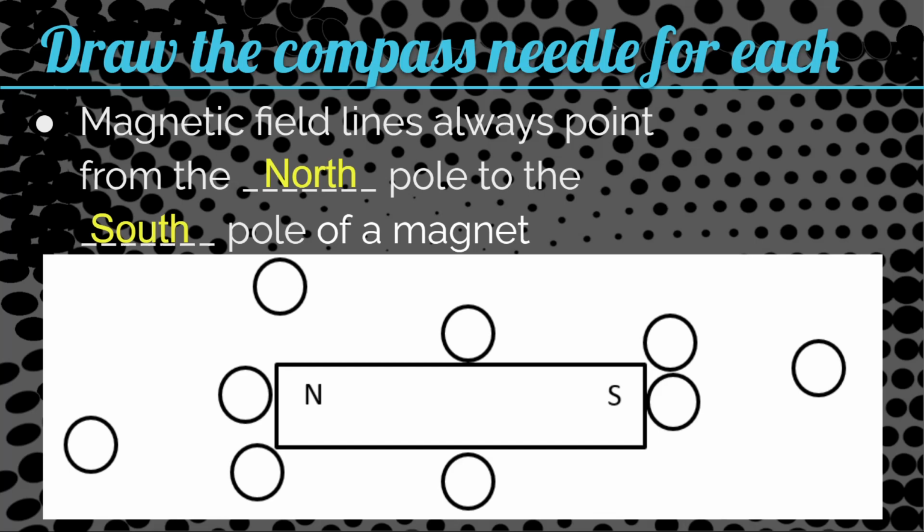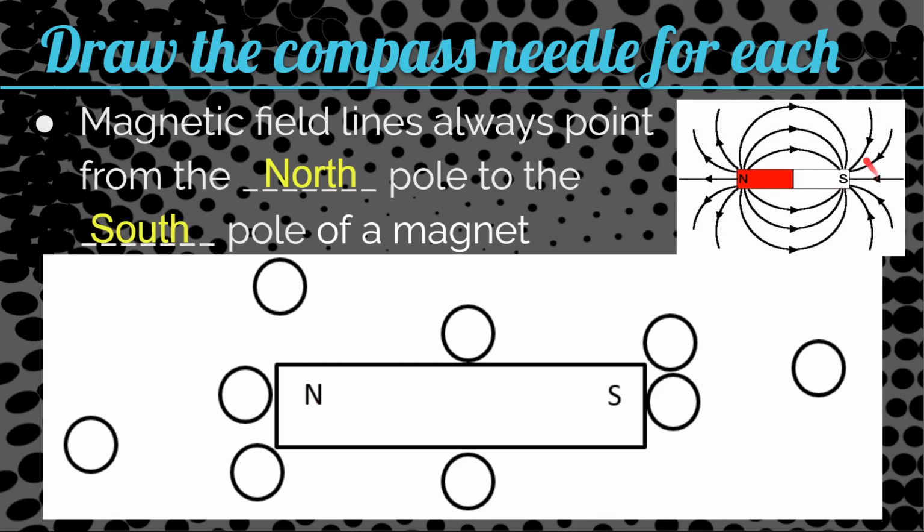So again, here is another type of question that you could be asked. I have a bar magnet here with the north and south pole labeled, and I could ask you to fill in the compass needle direction for each of these. So again, if I wanted to do that, your field lines are always going to point from north to south. And so they would look something like this.